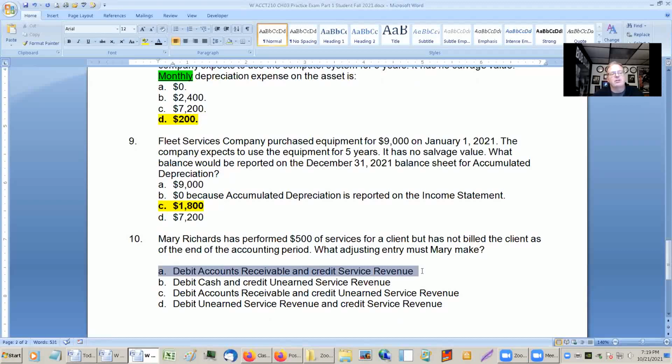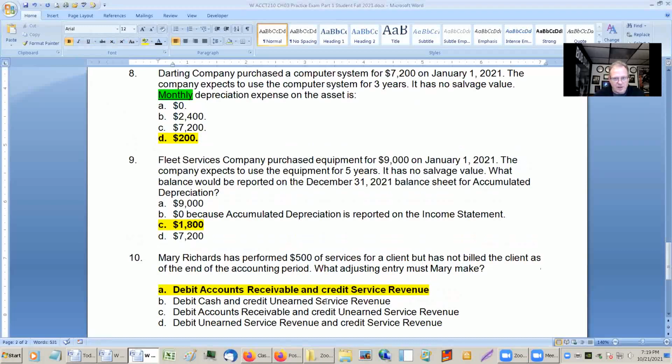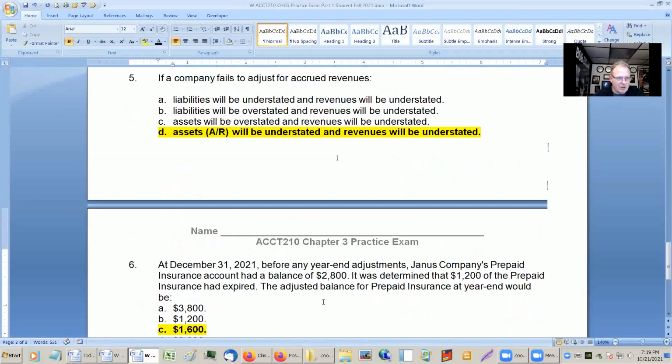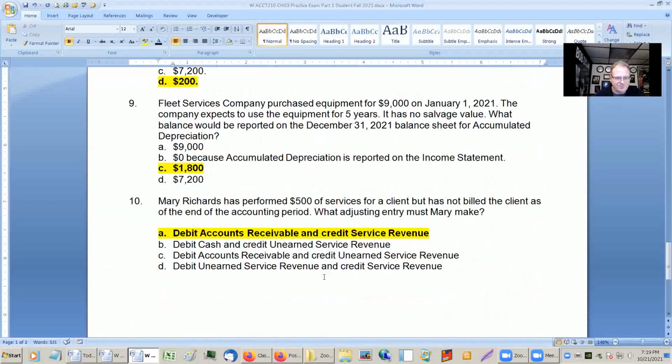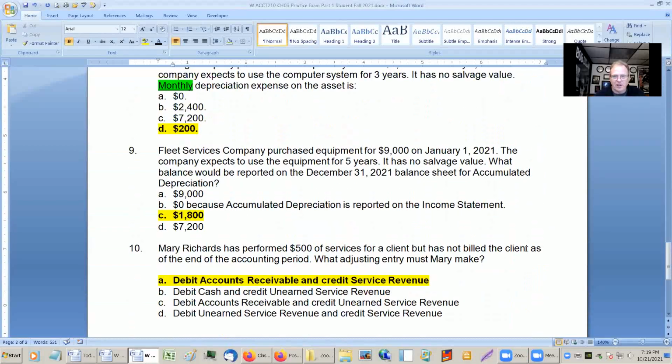Debit accounts receivable. You got a tie over here. We give you the tie, so you guys got it. You only missed 4 and 5. Very good. Well, they're tough.